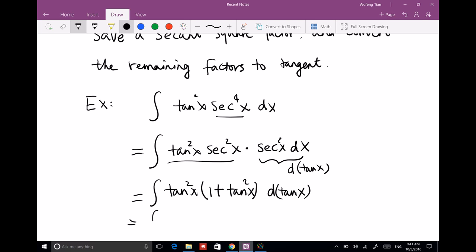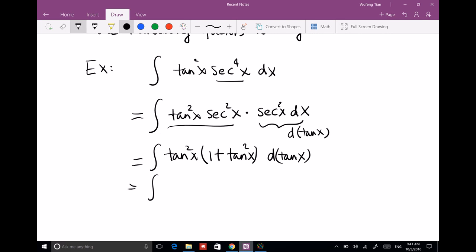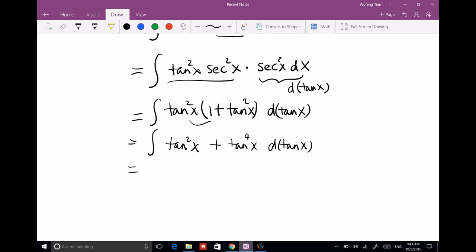So now it's going to be tangent squared, and you can distribute that, plus tangent x to the power 4, and d of tangent x. Let me try it, see if it works. Okay, the next time you can still see me. If you distribute that, this is u squared, this is u to the 4, so just do it directly.